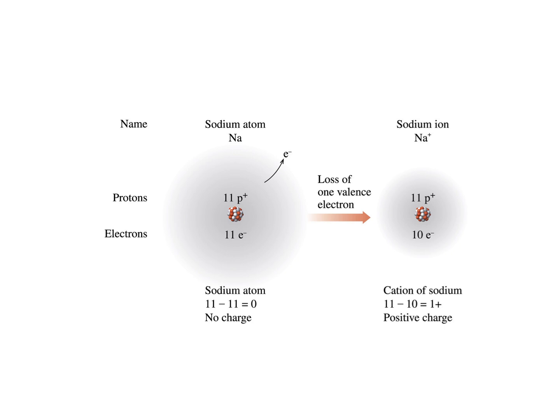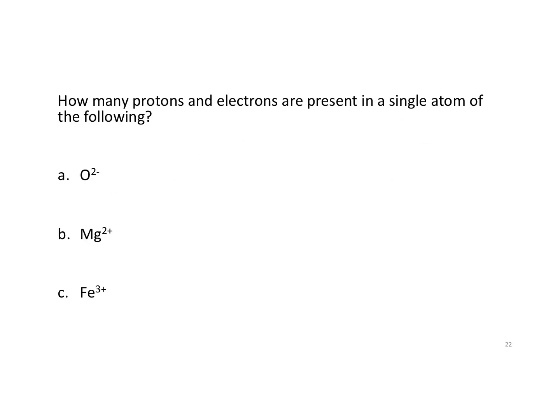So let's do an example. Okay. How many protons and electrons are present in a single atom of the following? So when we look at the charges here, that -2 charge tells me that we have 2 more electrons than protons. So the electrons are the only things that can change.